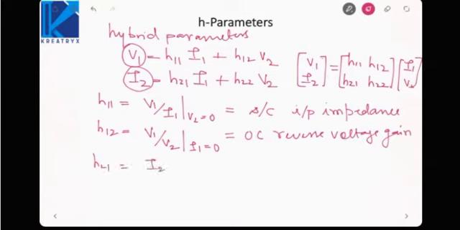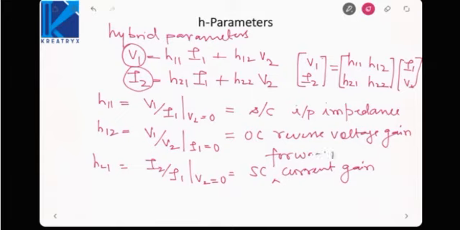It is I2 by I1 when V2 equal to 0. So, that is your short circuit current gain, because it is the ratio of output current to the input current. Okay. Or even you can call it as short circuit forward current gain to distinguish it from the reverse voltage gain. We can call it as forward.